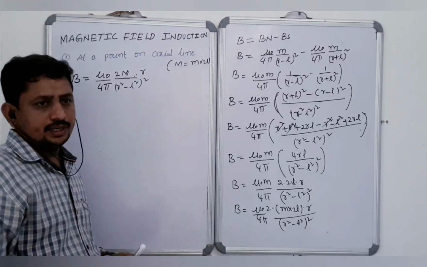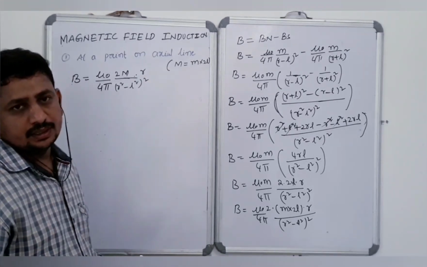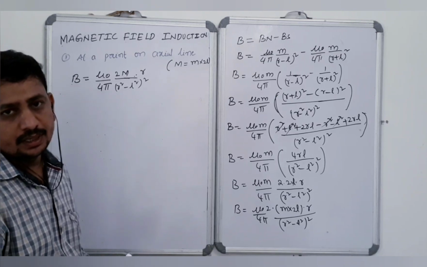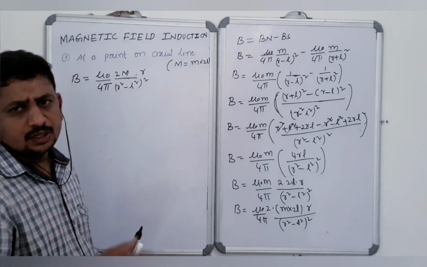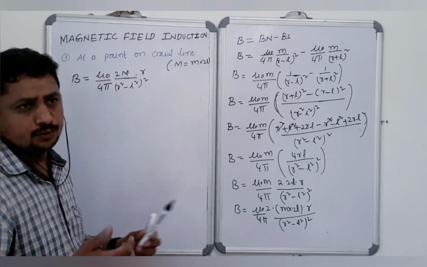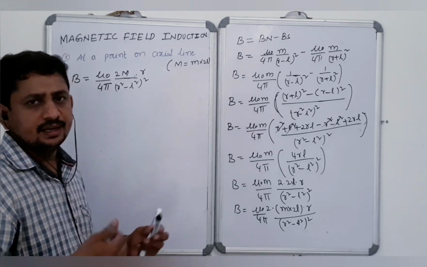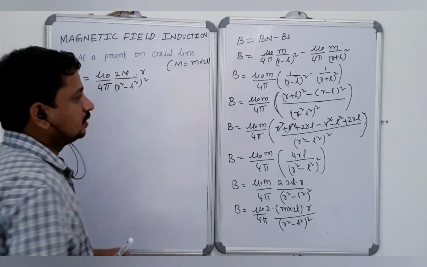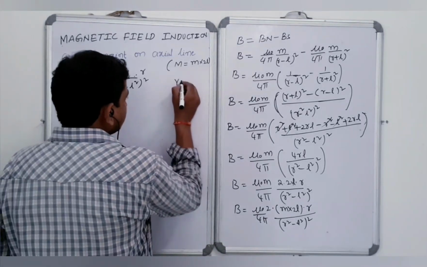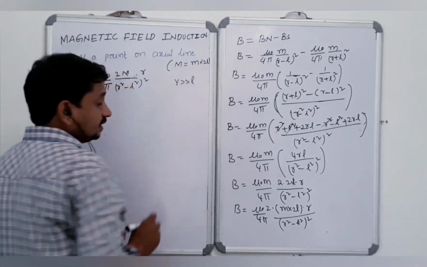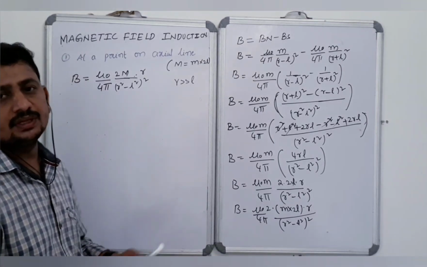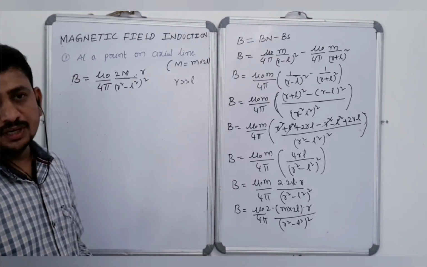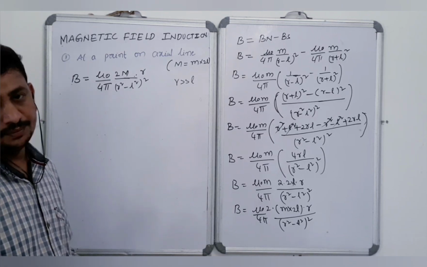Suppose we take a small bar magnet instead of a long bar magnet, the length of the bar magnet is 2L. If 2L is less, then automatically L becomes very small. So when compared with r, the value of L is very small, so we neglect the L value compared with the distance from the center of the bar magnet to the point.